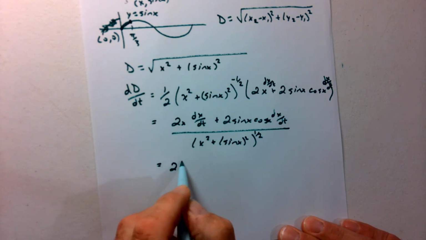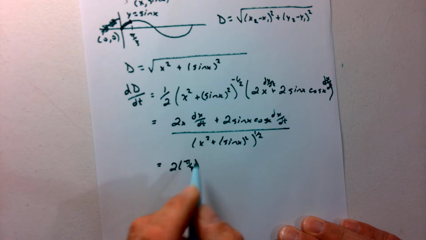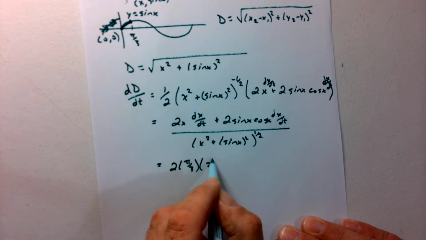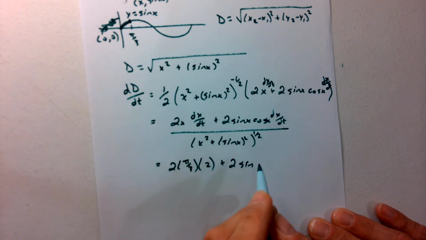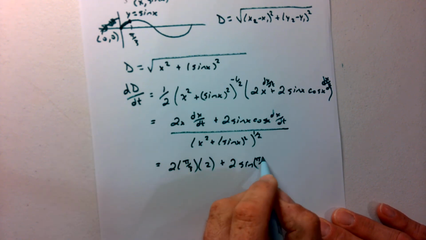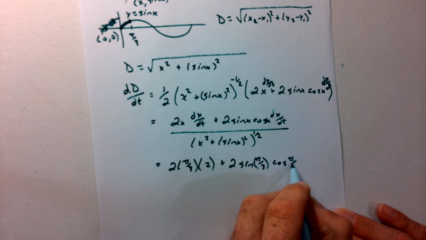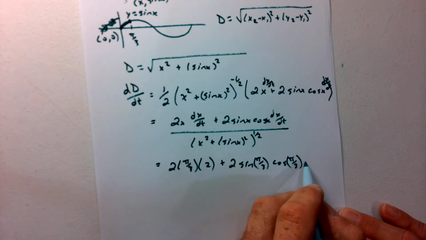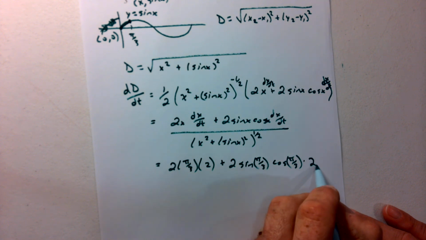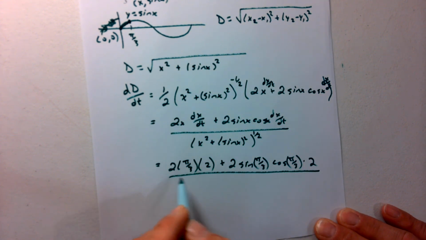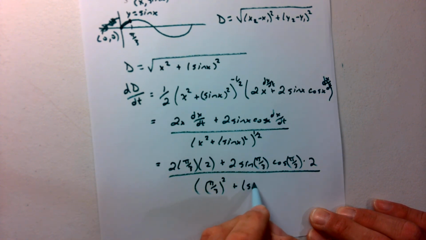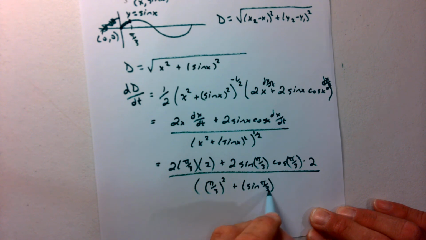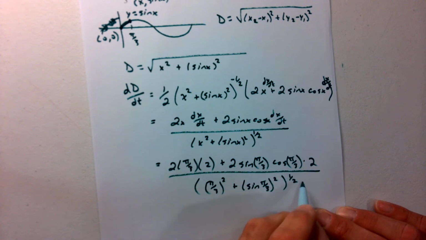So we have 2 times pi over 3 times dx/dt, which is 2, plus 2 sine of pi over 3, cosine of pi over 3, times dx/dt, again, which was 2, divided by x value, which is (pi over 3) squared, plus (the sine of pi over 3) squared, all to the 1/2.